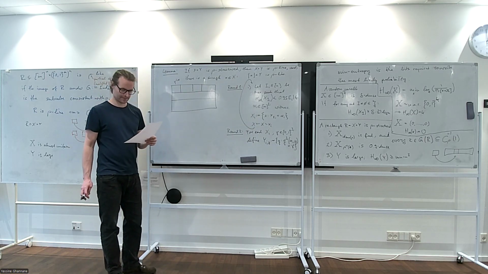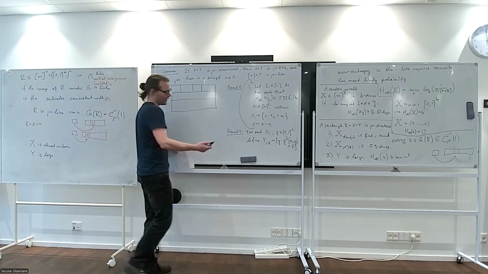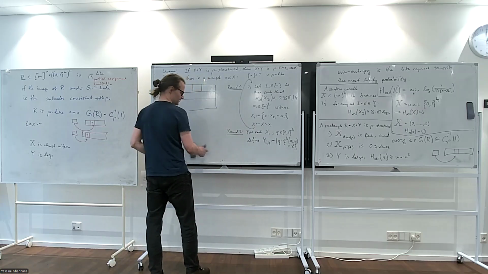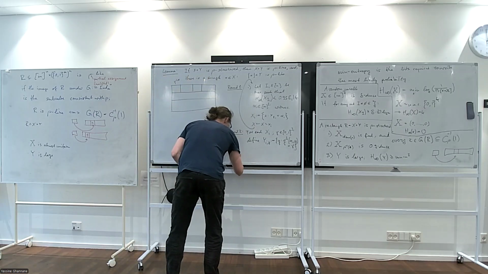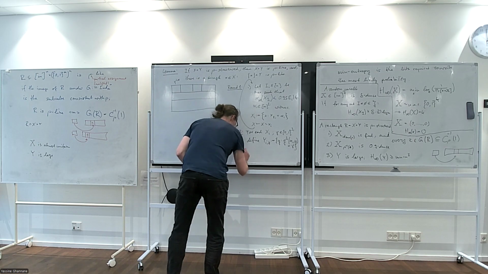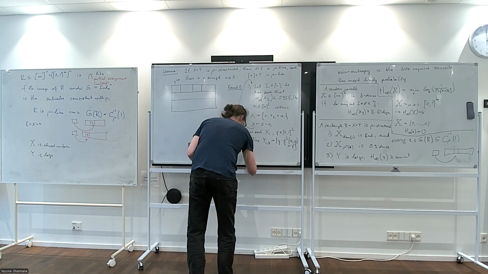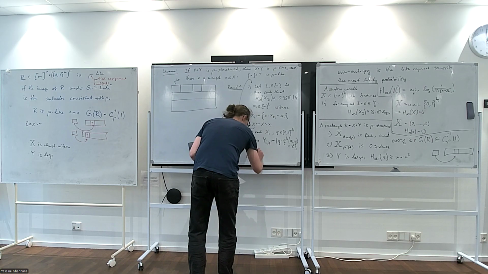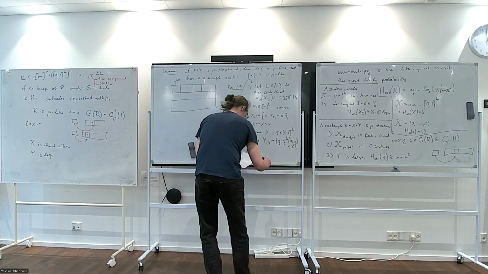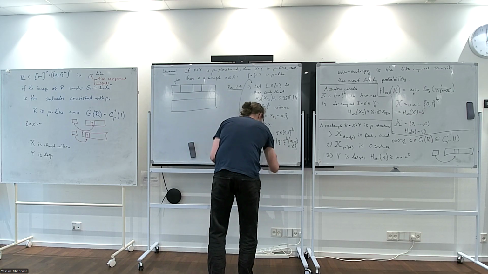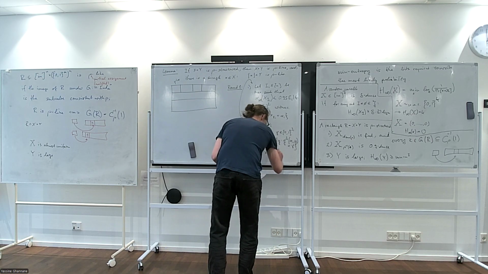Good. And then we output all the rectangles, right? So finally we output all the rectangles R super I gamma, so x I times y I.